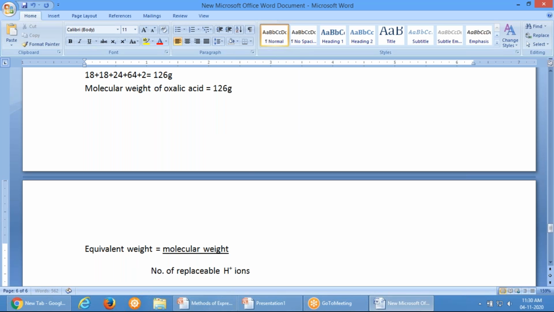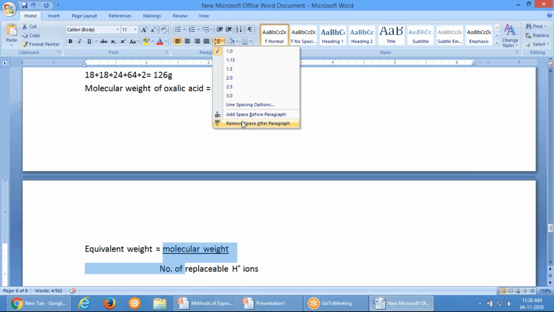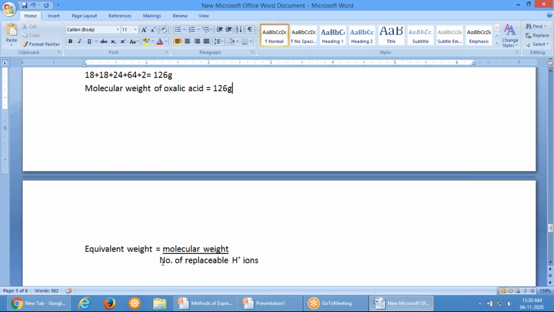Molecular weight divided by number of replaceable hydrogen ions. Molecular weight is how much? 126.